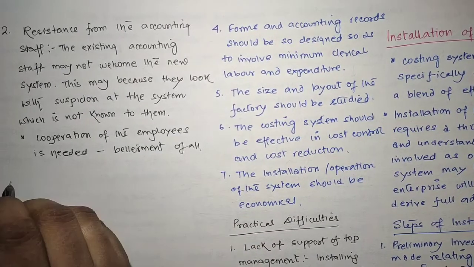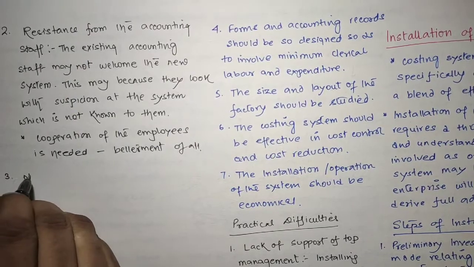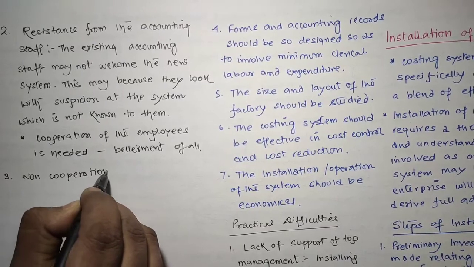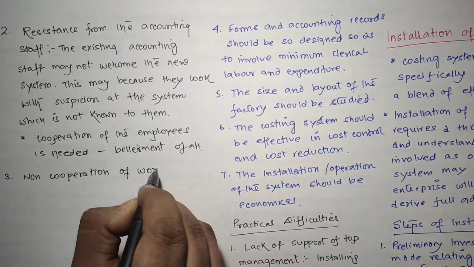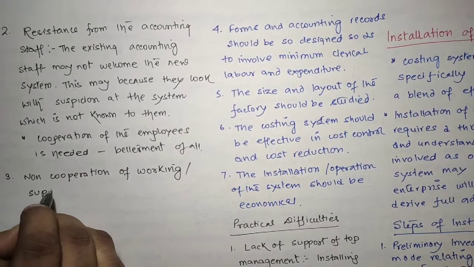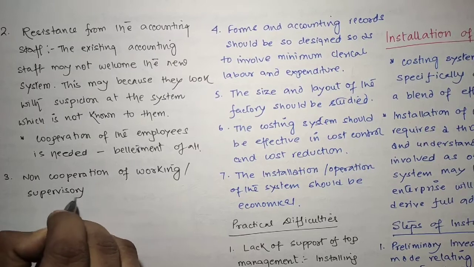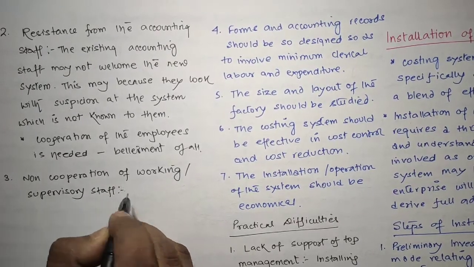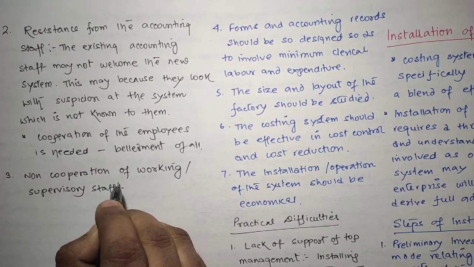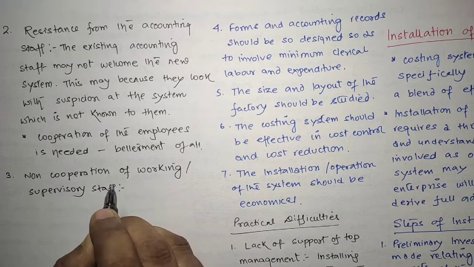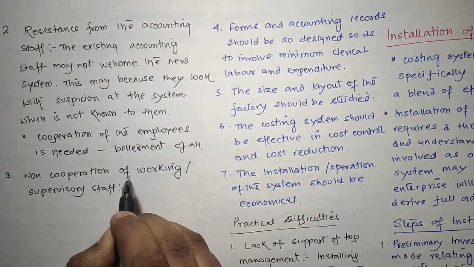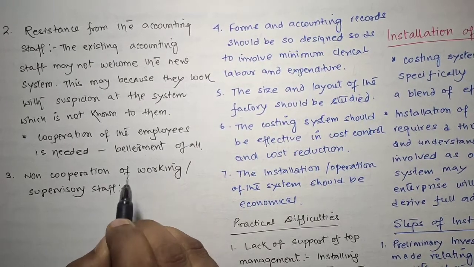Okay, the next point is non-cooperation of working and supervisory staff. Here, correct activity data which is supplied by supervisory staff or workers is necessary for a successful costing system. They may not cooperate and resist the additional paperwork arising due to introduction of the system.